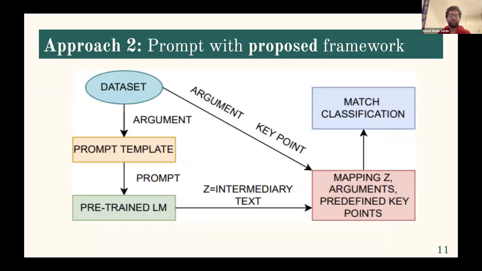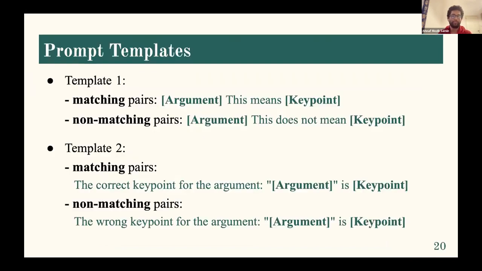Now talking about our approach 2, we have utilized 2 templates, and all of these templates are manually curated, like we created those templates. For our template 1, we have 2 sub-templates, one for the matching pairs and another for the non-matching pairs.